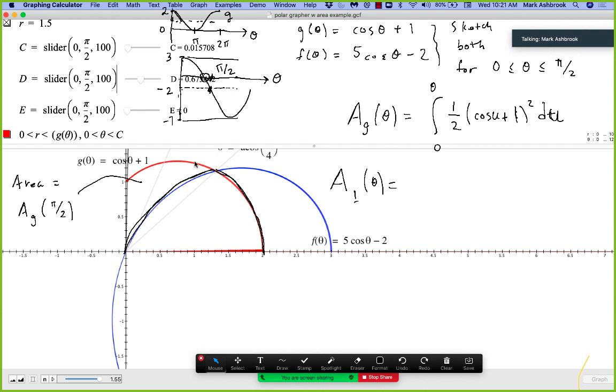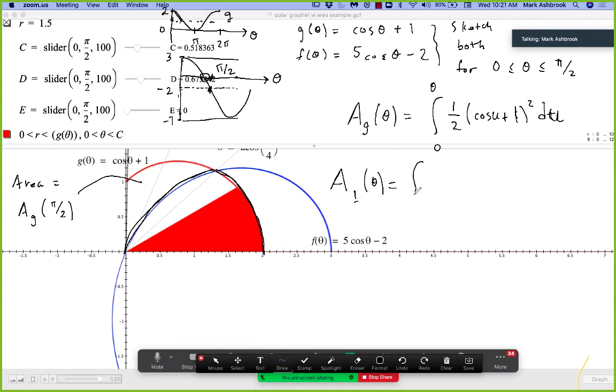First, what's the first piece going to be? It's going to be from 0 to whatever the intersection point is. But what will the area accumulation function be in this first part? A sub g, yeah, the one we already found. At the beginning, it's the same, so we can just write that down.